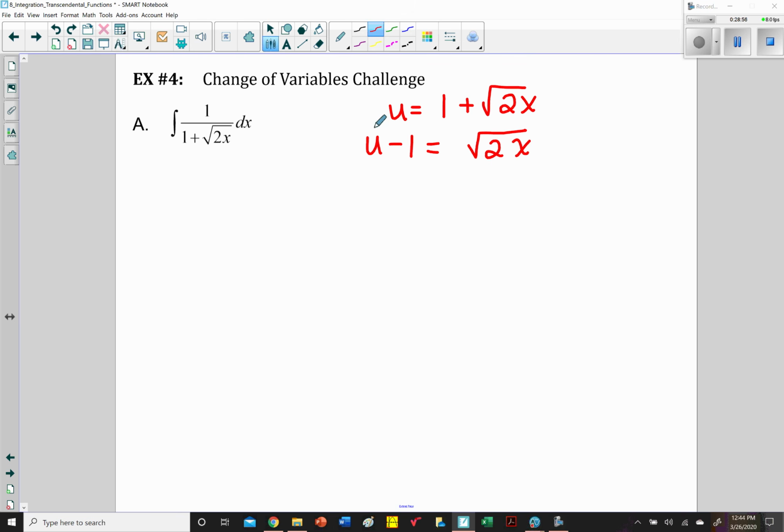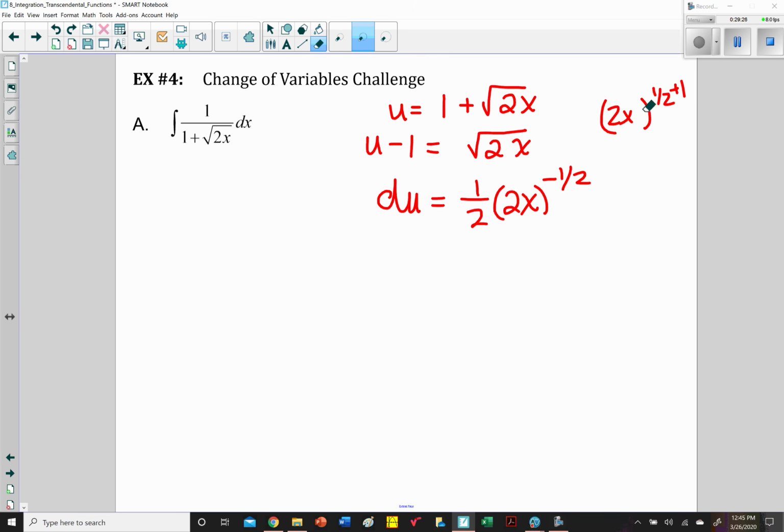So the derivative of this side is du, and the derivative of this is going to be, let's see, 2x to the half. So we're adding 1 to that. Oh, derivative, we're subtracting 1. 1/2 times 2x to the negative 1/2. That's a common problem.